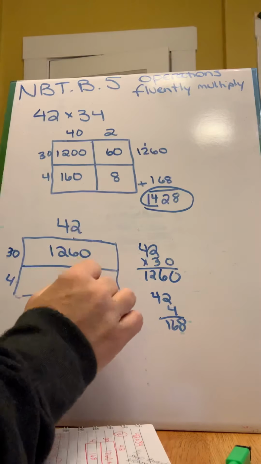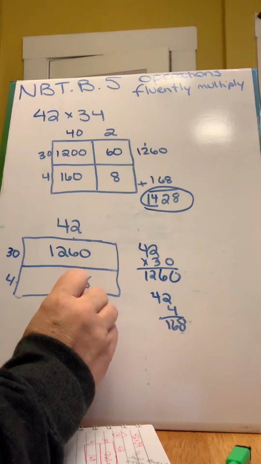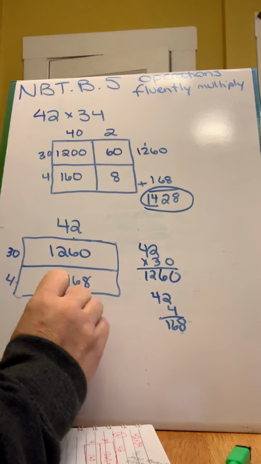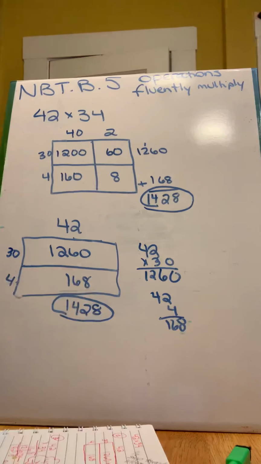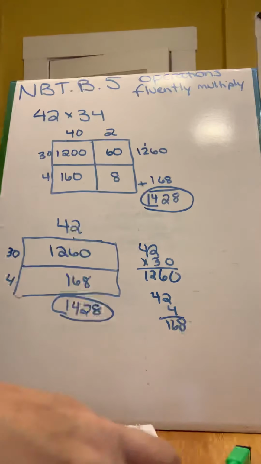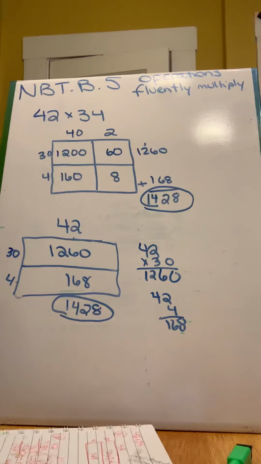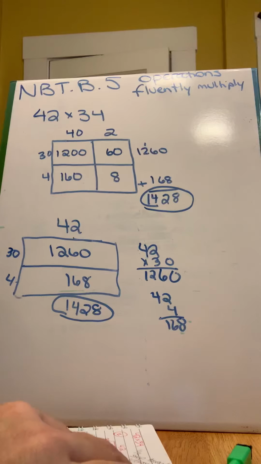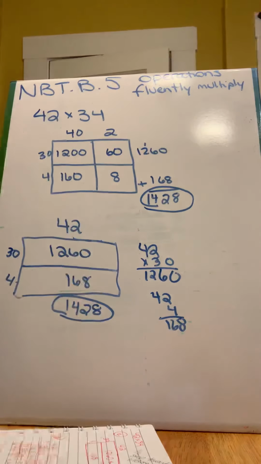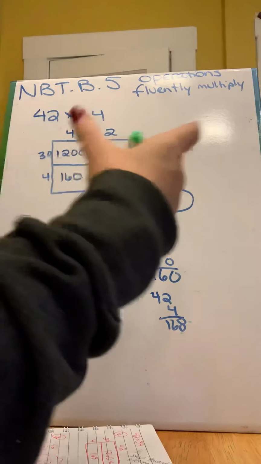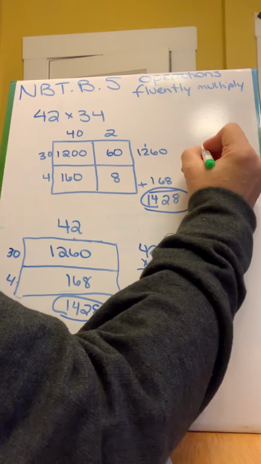So now we're going to add those two together and we would end up with 1,428 again. All right, so let's look at this through the standard algorithm and we'll be able to see the connection between why we did it this way or why kids did it this way in earlier years, leading us to that standard algorithm.